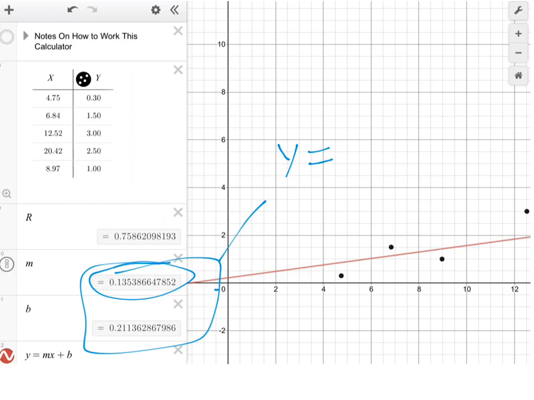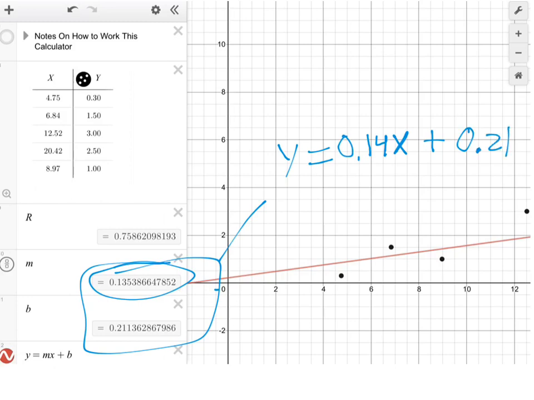You're going to get really long decimals pretty much every single time, so I want you to round to the second decimal place. This one, 0.135, becomes 0.14 if you round it to the second decimal place, x. So y equals mx, and we add b on there. The b value is here. Again, let's round to the second decimal place, 0.21.